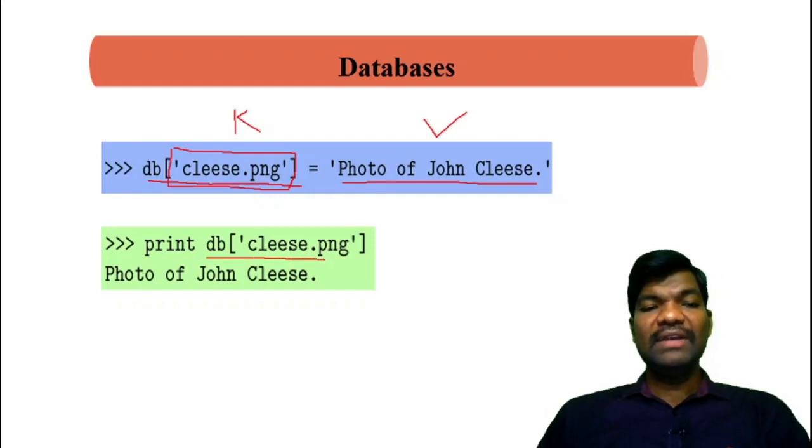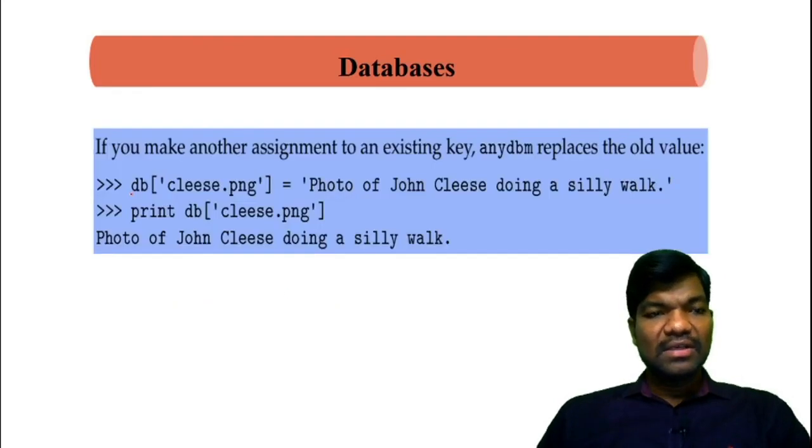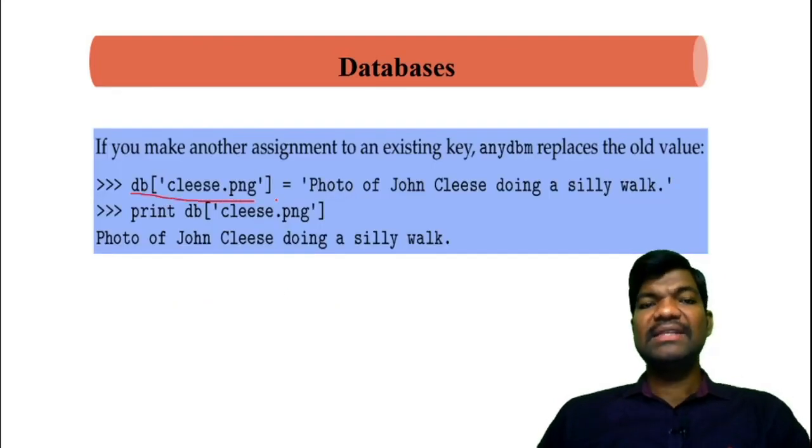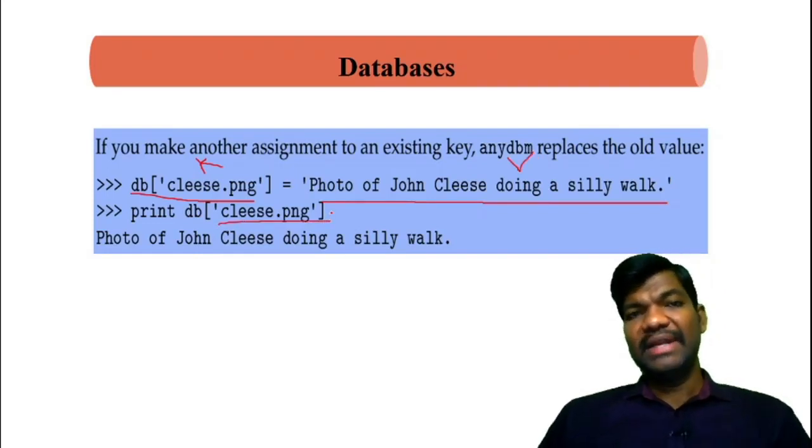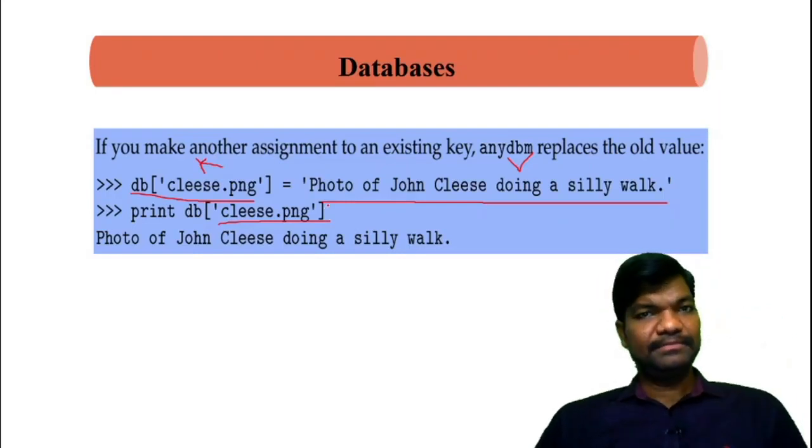Now print db of Cleese.png, photo of John Cleese. You will update like this: db of Cleese.png equal to, this is the same key, photo of John Cleese doing a silly walk. This is another value that is updated, just like in dictionaries.